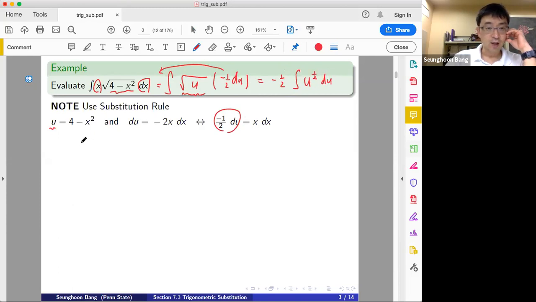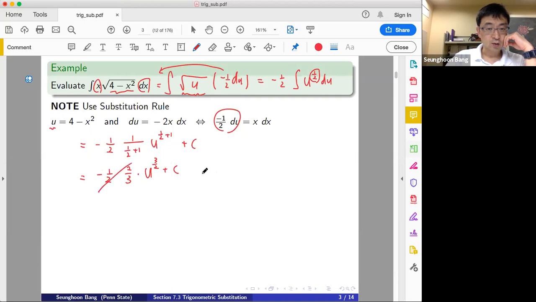The next step, find the antiderivative. Negative 1/2, 1 over 1/2 plus 1, u to the 1/2 plus 1, plus c. Simplify: negative 1/2 times 2/3, u to the 3/2, plus c.